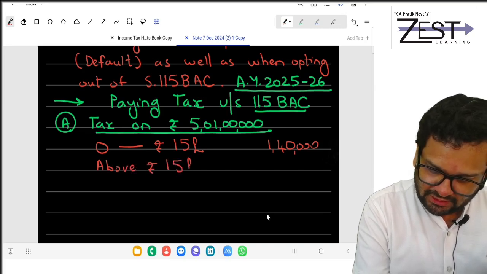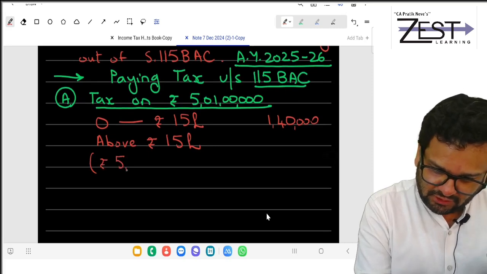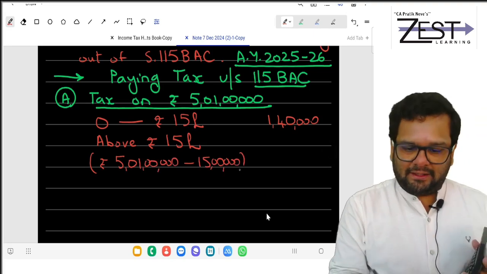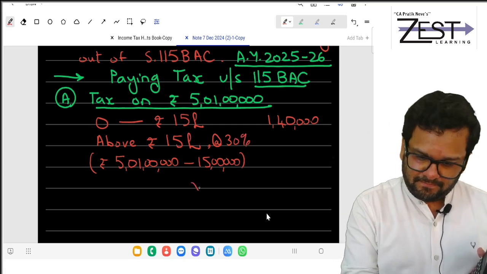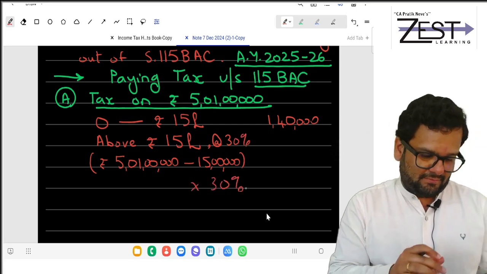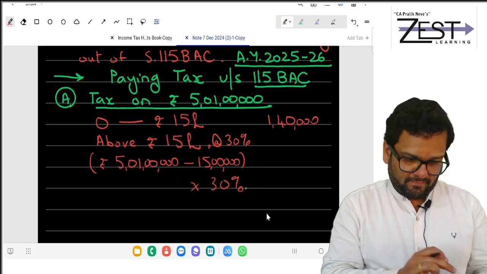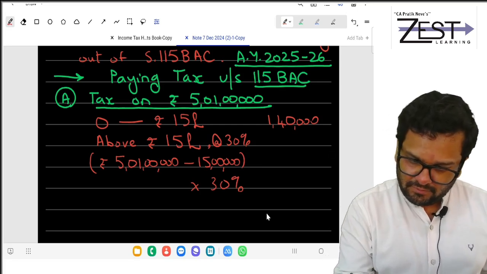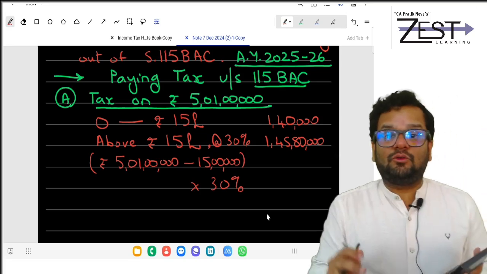Above 15 lakhs, see now the exorbitant tax. 5 crore 1 lakh minus 15 lakh into 30%. What is that? 1 crore 45 lakh 80,000.